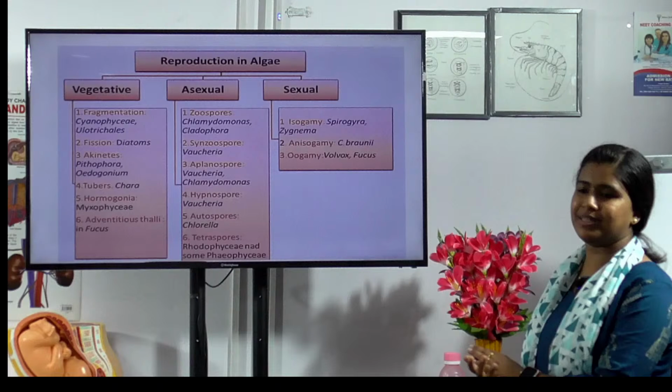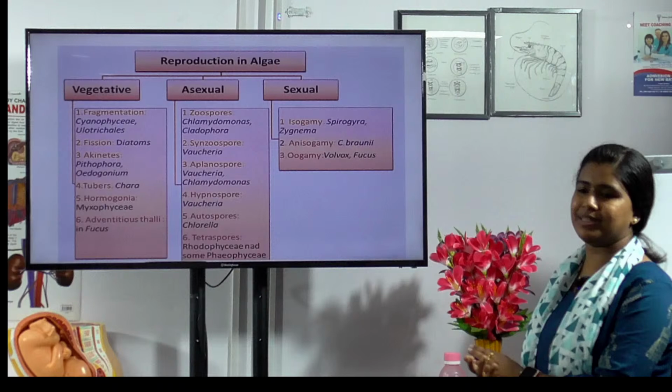And then in sexual reproduction, it is isogamy. What is isogamy? Fusion of male and female gametes that are similar, both similar, to form a zygote. Whereas anisogamy is the opposite of that, that means dissimilar. Usually this is seen.